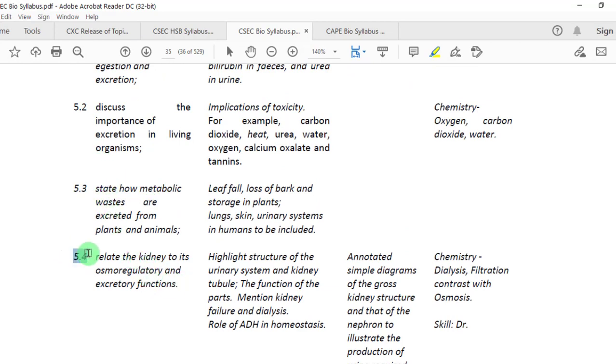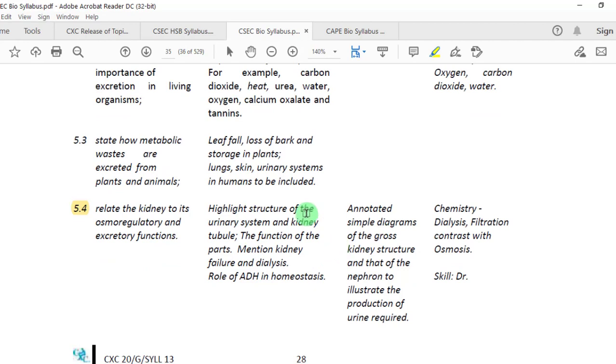But take note of 5.4, how much detail you need to know. This is a lot of detail. This is essentially the dominant topic of this entire section. You need to be able to do annotated, gross kidney structure, the nephron. This is important.